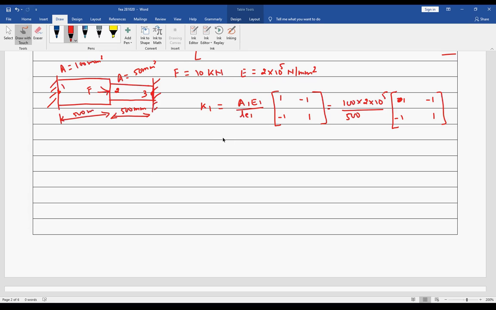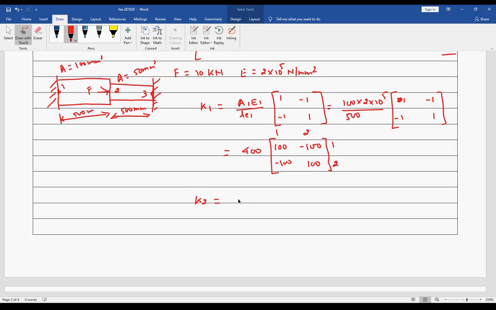Okay, correct. So I can write this as 400 and I can take 100 inside, and I can write this as 1 and 2 from the connectivity table.